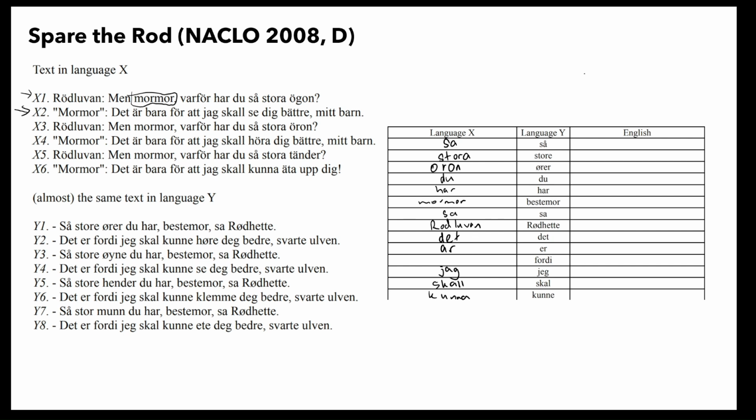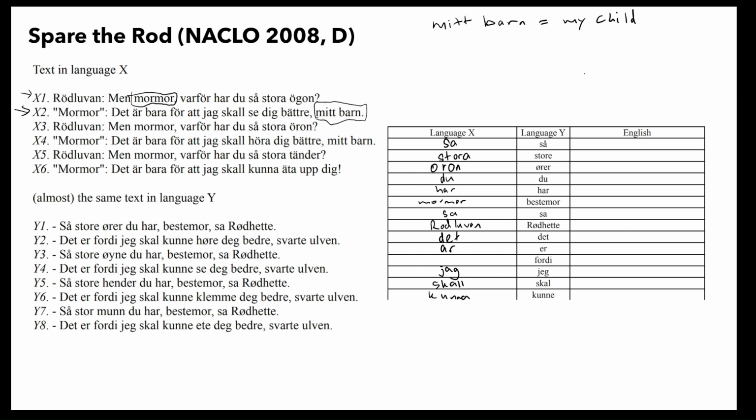But when more responds, there's something at the end over here, mitbarn, that doesn't translate into Y2 as well. So I'm assuming mitbarn is like a term of endearment here. This is my theory. Mitbarn is something like my child, my friend. I don't think meat or barn are words that we're supposed to translate, but just assuming.